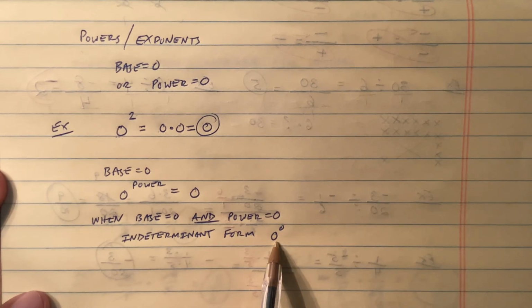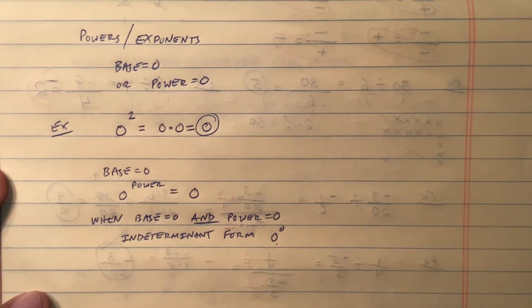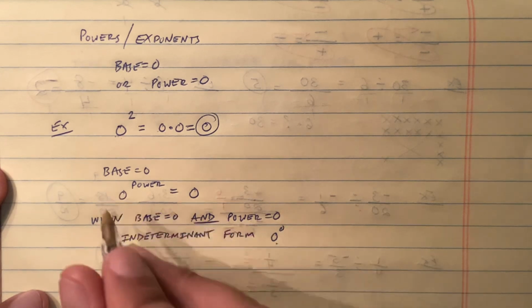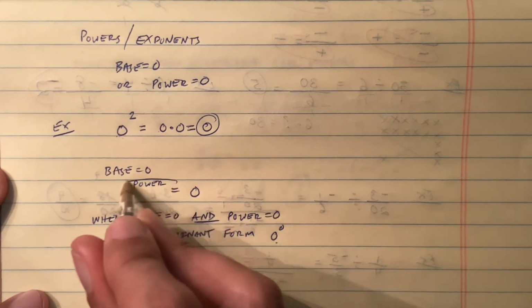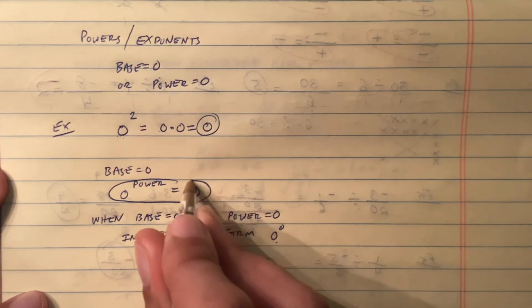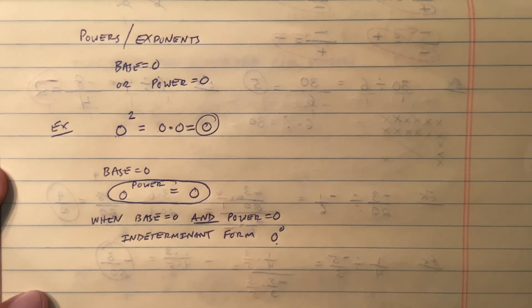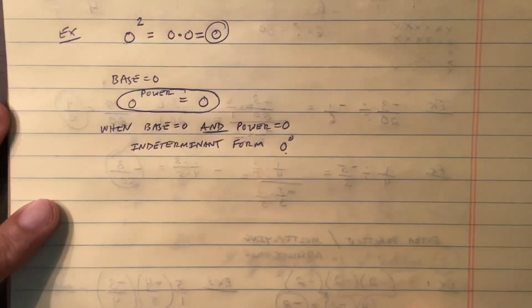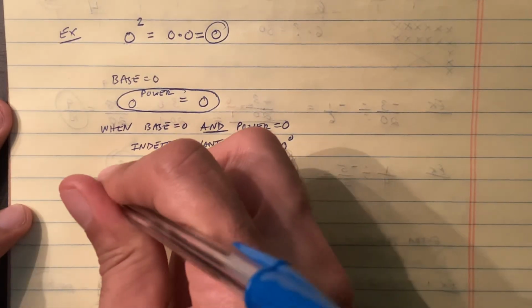That's a topic for a different video. All right, but just be a little bit careful in this case. But whenever the base is equal to 0, no matter what the power is other than 0, we'll always have 0 as an answer. All right, let's take a look at what happens when the power is equal to 0.